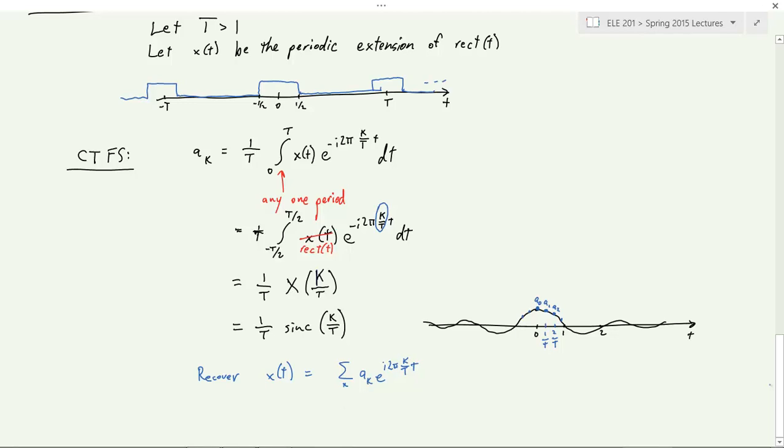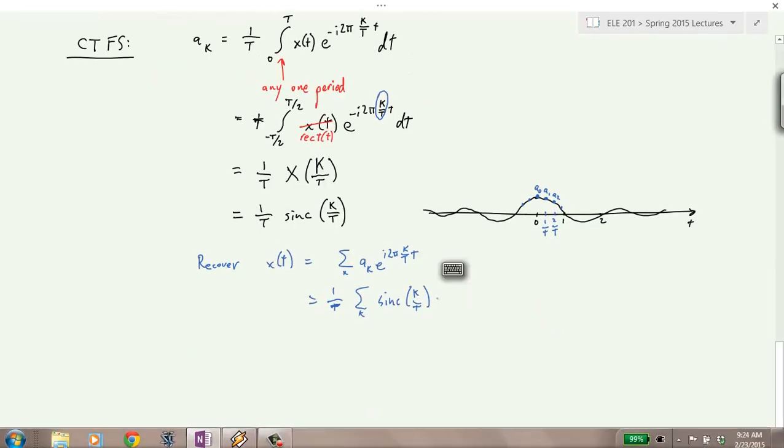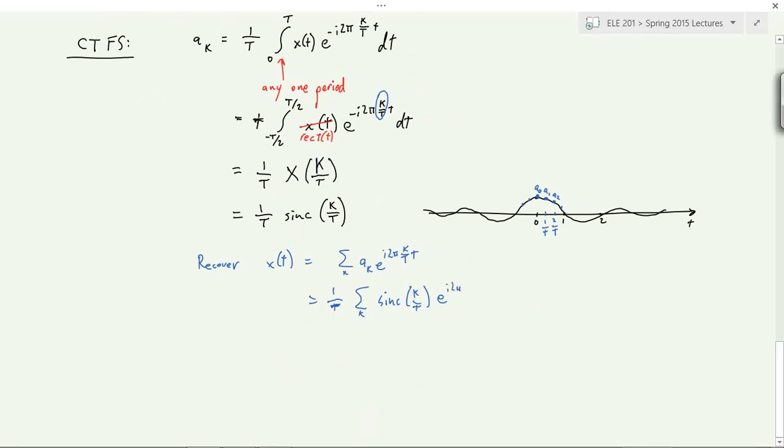What happens when you take a sum like this and you plug things in from above? That's 1 over capital T, sum over k, and then it's sinc k over T, e to the i 2 pi k over T, t.